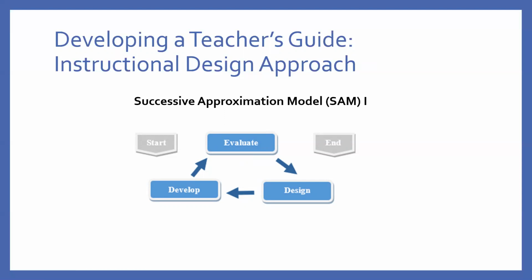In this approach, the main idea is that rather than going ahead and developing the whole thing, you develop a little module, a little example, and then evaluate; if it's going well, then go ahead and create other examples. So it's a continuous process. You don't stop at the design, you develop and you integrate ideas, you evaluate, come back and keep doing it in a circular mode. So this was a general, very simple instructional design approach we used in our guide.